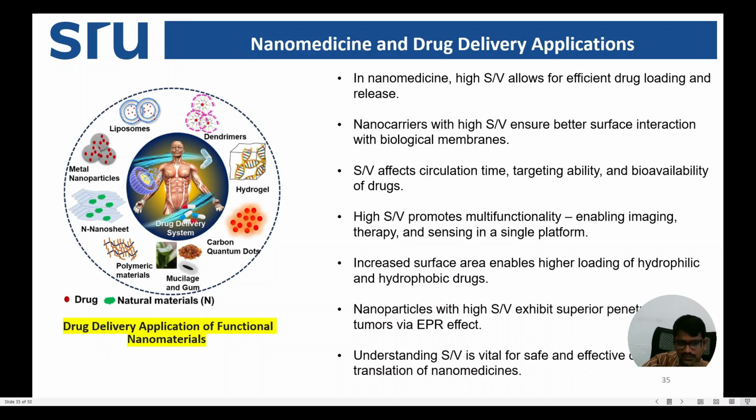That also depends on the surface to volume ratio, and on enabling imaging, therapy, and sensing in a single platform. Usually before some diagnostic tests, we take some medicine, for example, for CT scans and MRI scans.